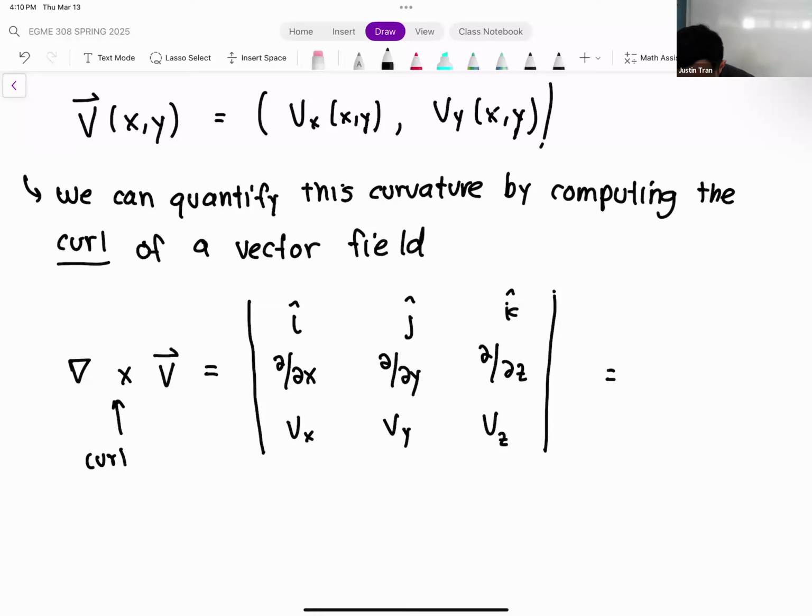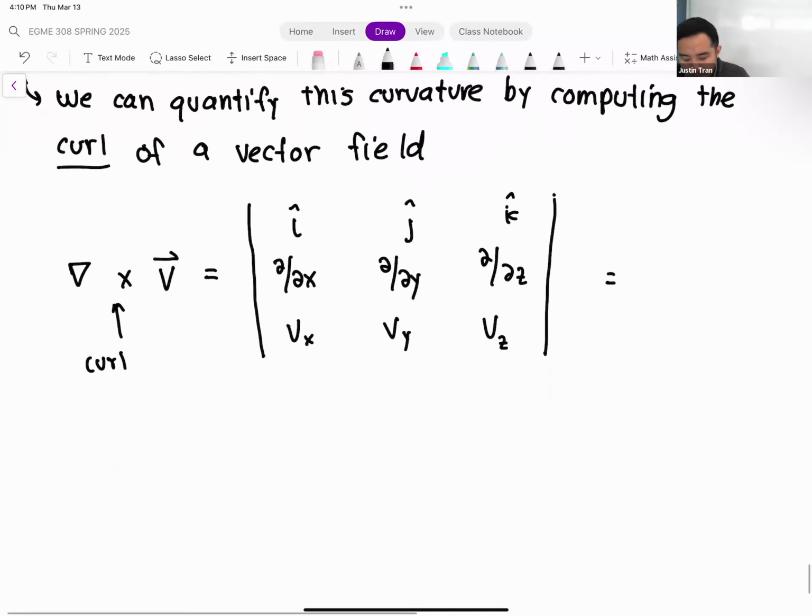I'm going to write up the exact formula for you here, but personally I find it easier to remember just this matrix, because it has a nice structure. But if you prefer to remember the formula, that's fine too. The formula, we'll go component by component. The x component first: partial Vz partial y, minus partial Vy partial z.